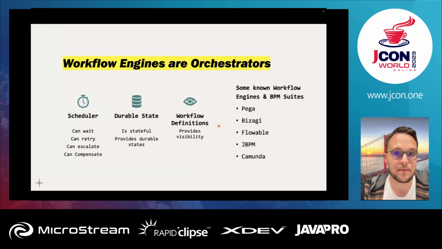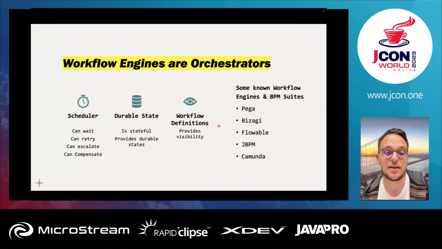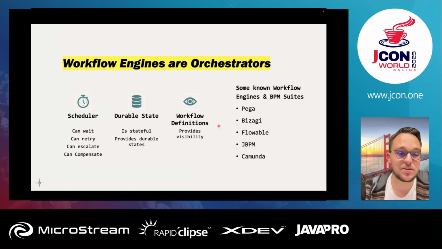Cool. So now let me introduce to you the concept of workflow engines, because they can solve quite some things. First of all, we have a scheduler, which can wait, can retry, and we can also do things like escalation. We can deal with the saga pattern, if you ever heard of it, which means basically we can compensate tasks.